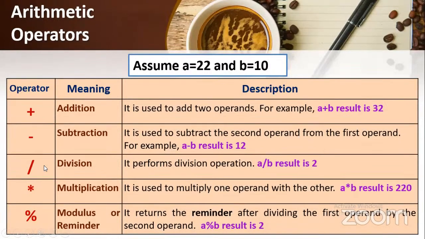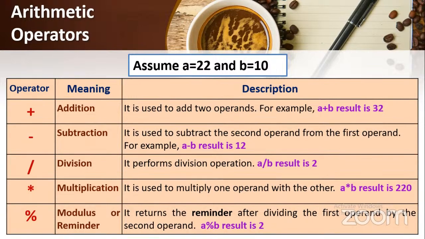When you are working with the division operator, you will get the quotient as an answer when working with numerical values. For example, a value is 22, b value is 10. 22 division 10 gives 2 only, not 2.2. That's why sometimes it is also called integer division. You will get the quotient part only, remember this point.